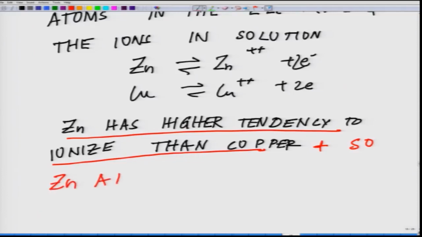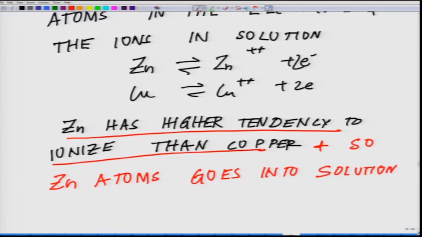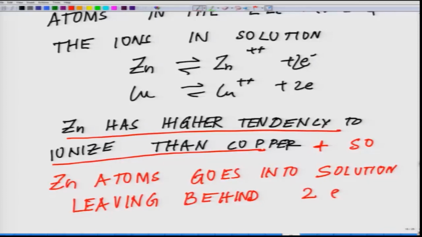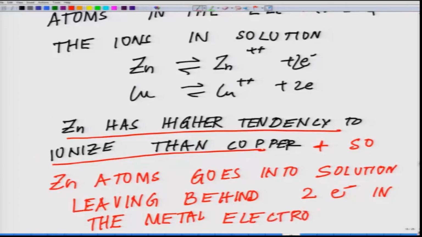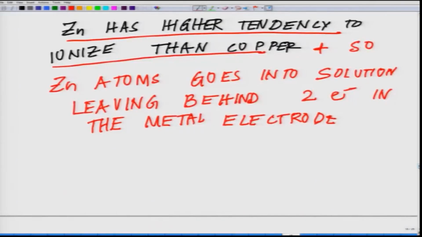See the reactions: the zinc atom goes into solution, leaving behind two electrons in the metal electrode.